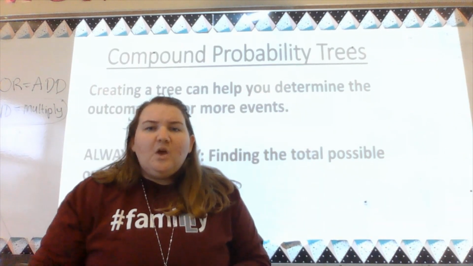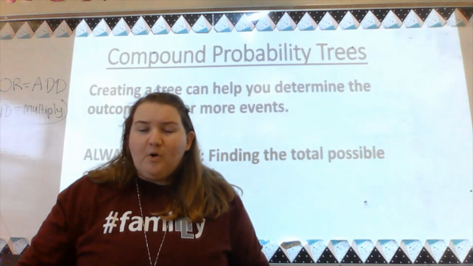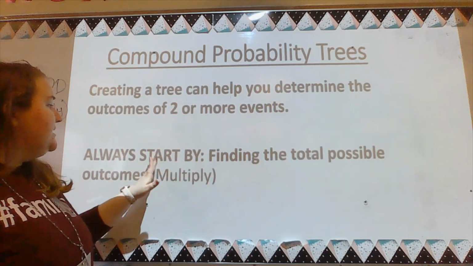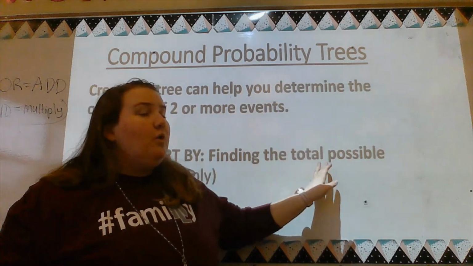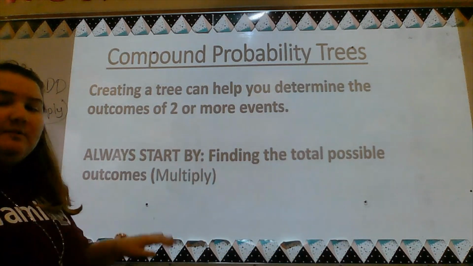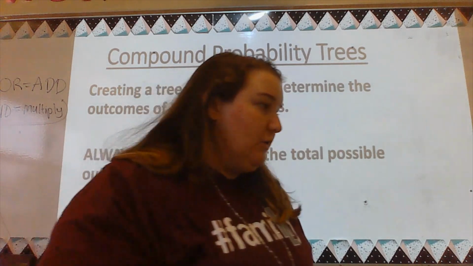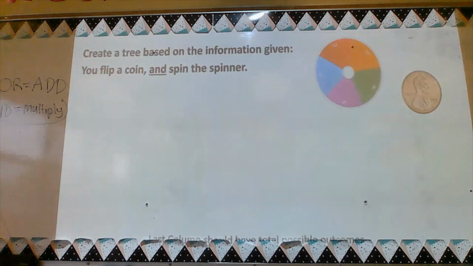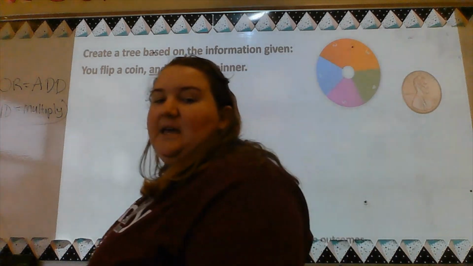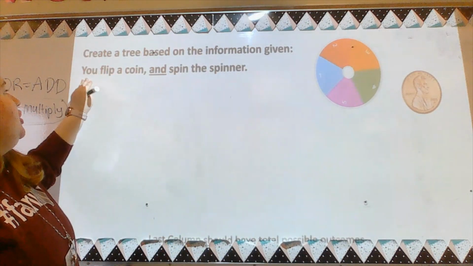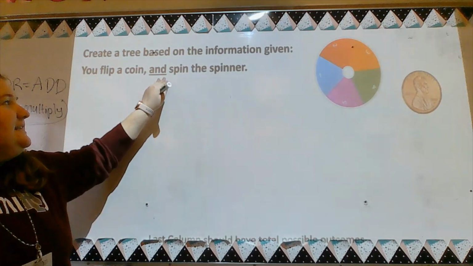Now, when you do any compound probability at all in any situation, we always start by finding the total possible outcome. So out of all the choices I have, what are my totals? Okay, first example. It says, create a tree based on the information given. You're going to flip a coin and spin the spinner.